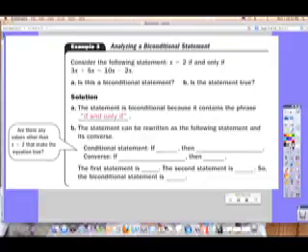Are you ready? What if you get the conditional is false and the converse is false? Guess what? The biconditional would be true. Oh my gosh, did I just confuse you? Okay, so biconditional statements, in order for them to be true, the converse has to be true. But the conditional, the original statement, has to be true also.